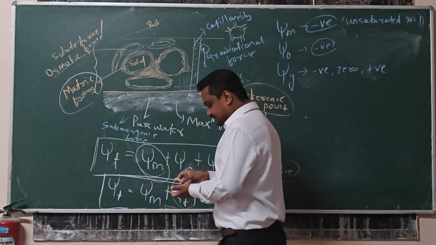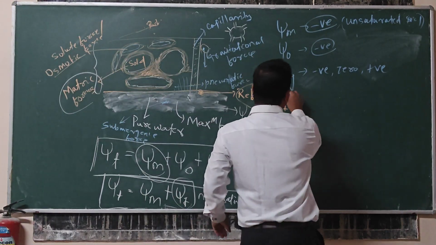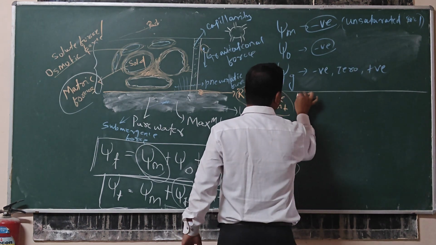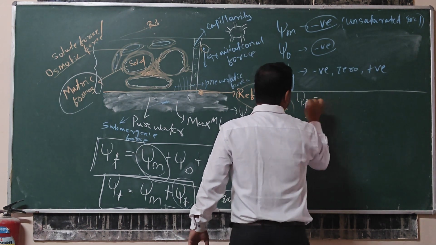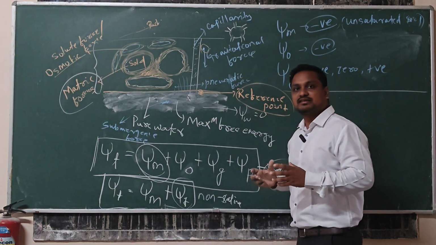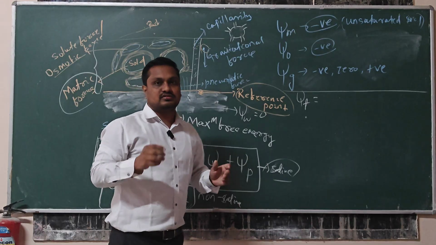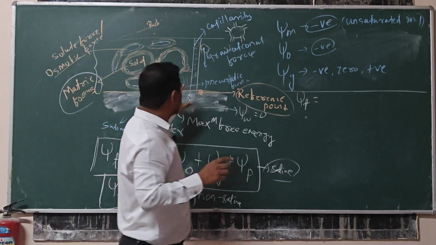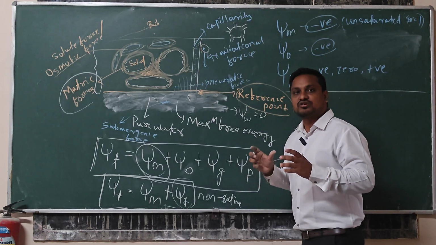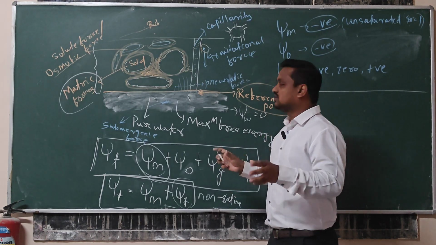And now, among all these, if I want to define what total water potential is, we can say it is the amount of work that is done. I am not writing, you just understand and note down yourself. The amount of work done to transport reversibly and isothermally. This is a textbook definition.